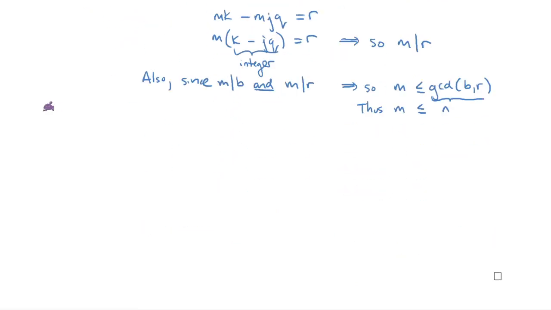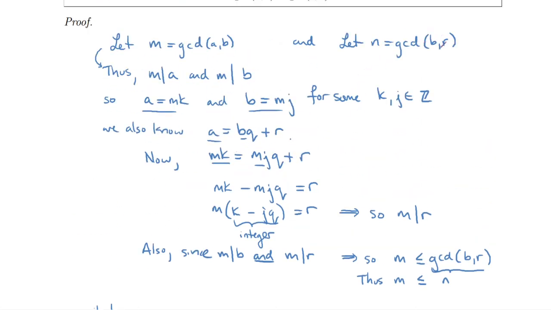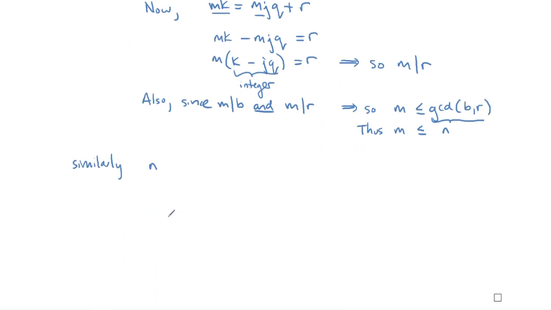Okay, so similarly, up here, n is the GCD of b and r. So I know that n is going to divide both b and r, so I can write that out. So n divides b, and n divides r.